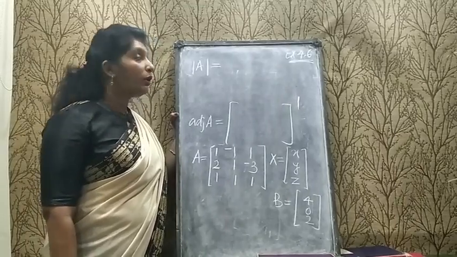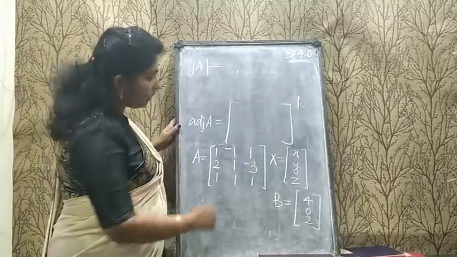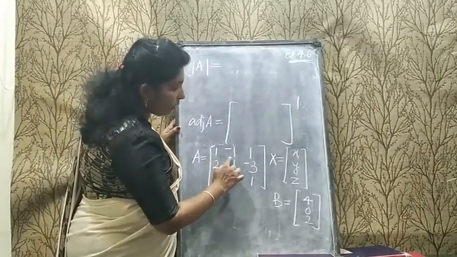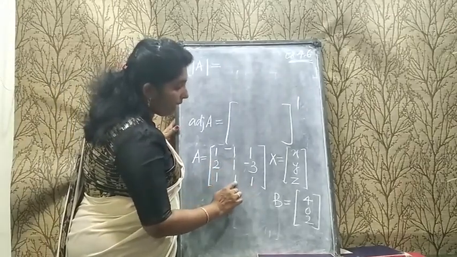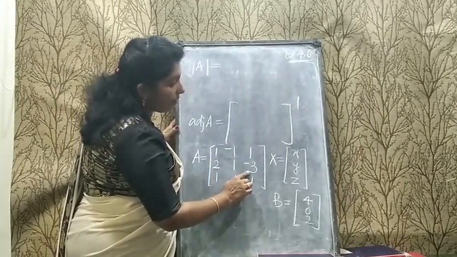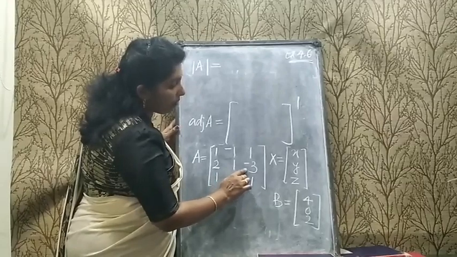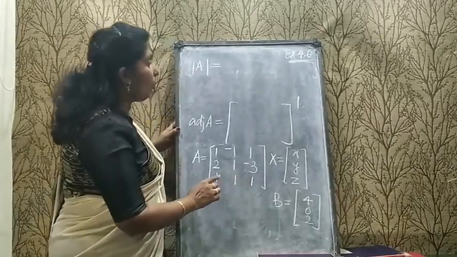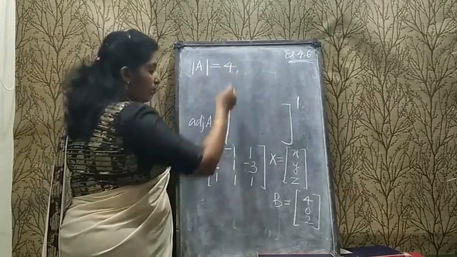So here I am going to find the determinant. Determinant is equal to 1 into 1 minus minus 3. So 1 minus minus 3 will become plus 3. So 1 plus 3 is 4. So 1 into 4, 4.